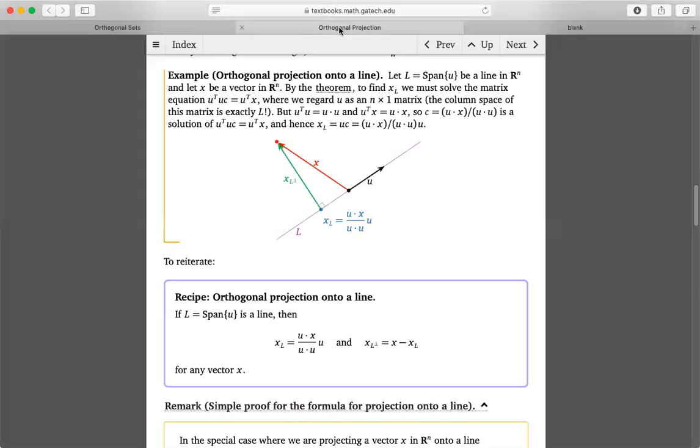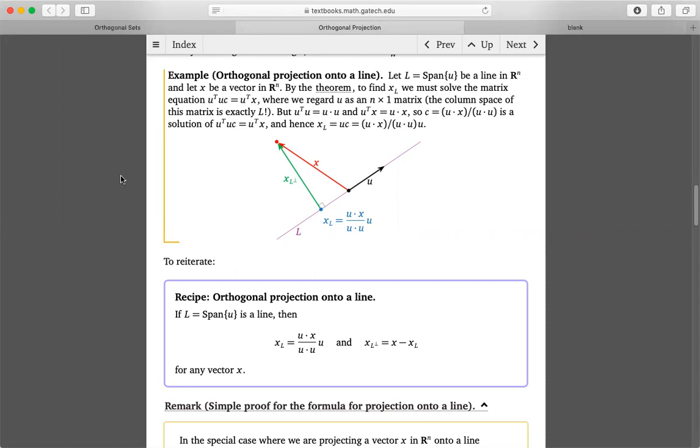So to begin with, where we want to begin is the orthogonal projection, actually. That's where we want to start. And I really like to use this website, math.gatech.edu.